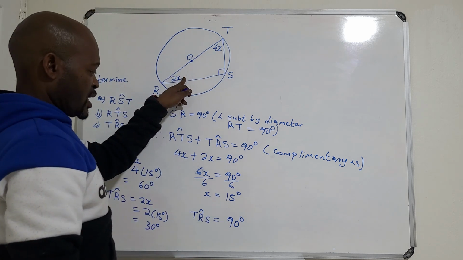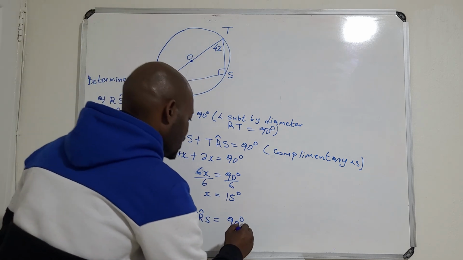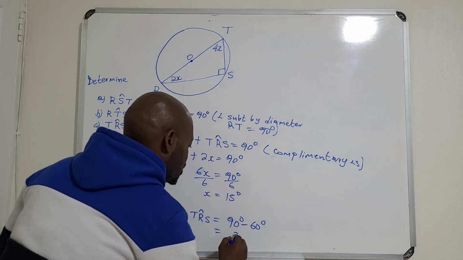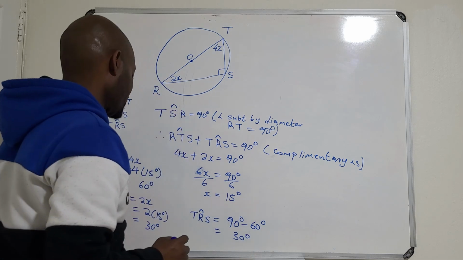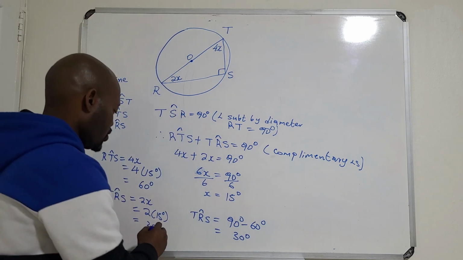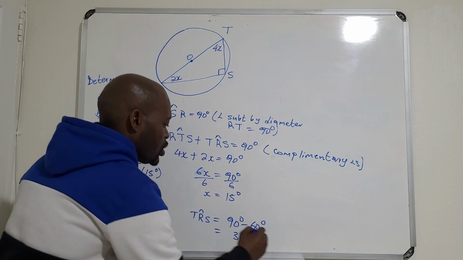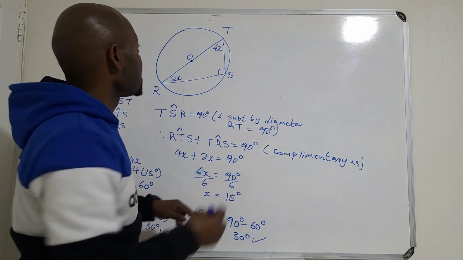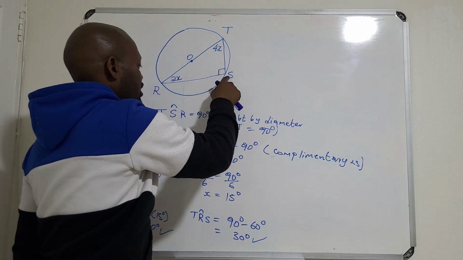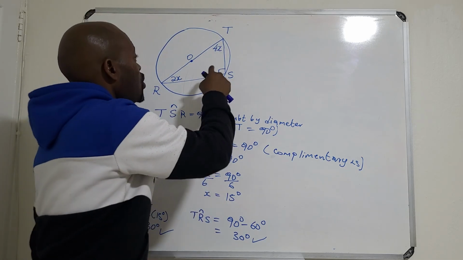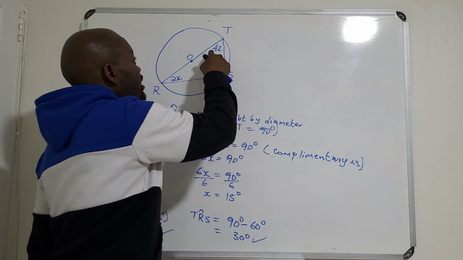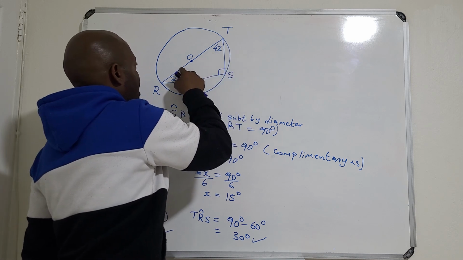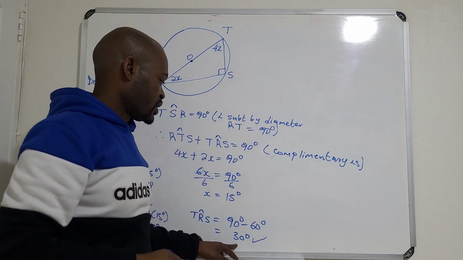We're going to get this angle there. Therefore, 90 minus 60 degrees, which is also equal to 30 degrees. However we prefer, you can use that, or you can use that. Angle TRS is equal to 90 minus this angle, and we get this angle there, which is 30 degrees.